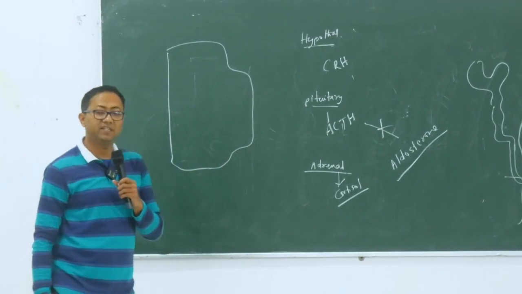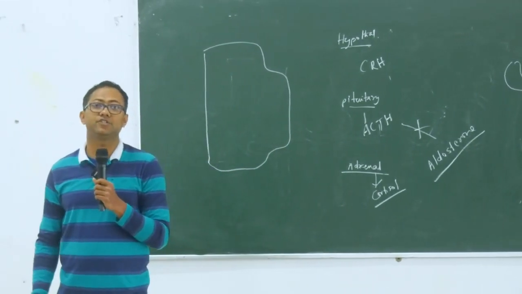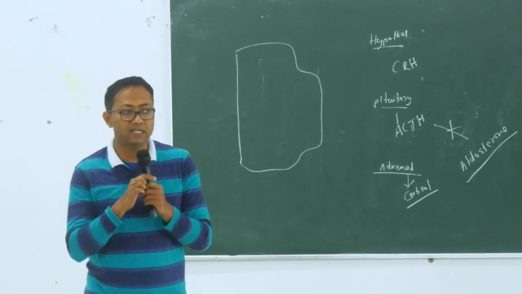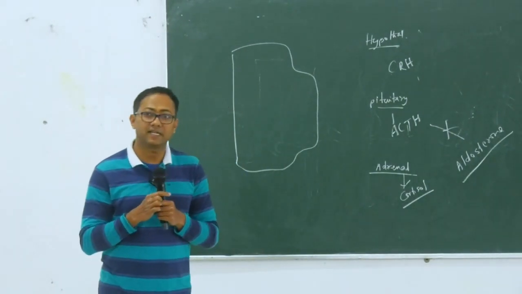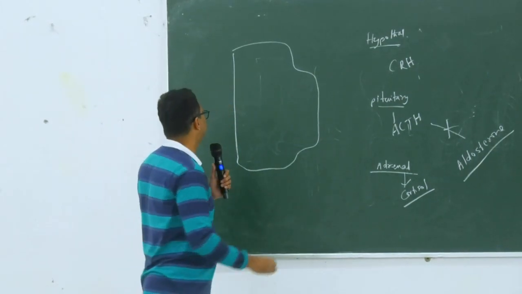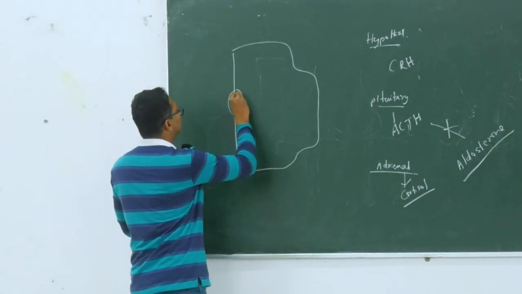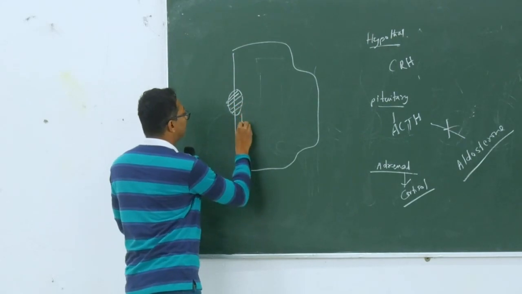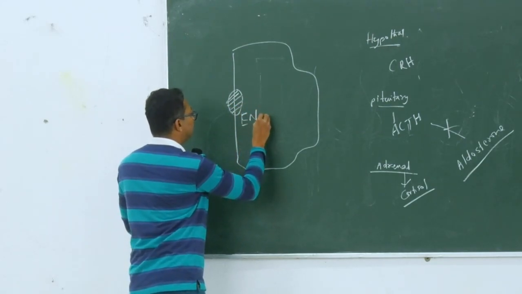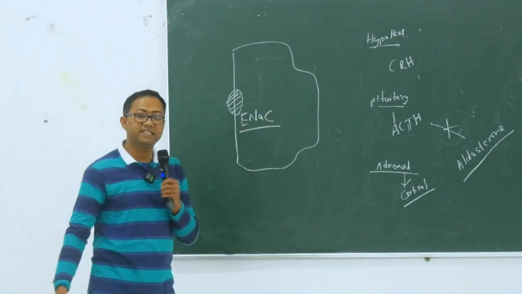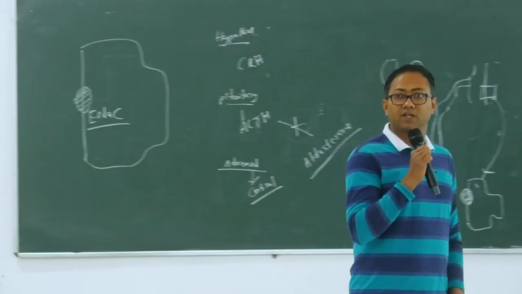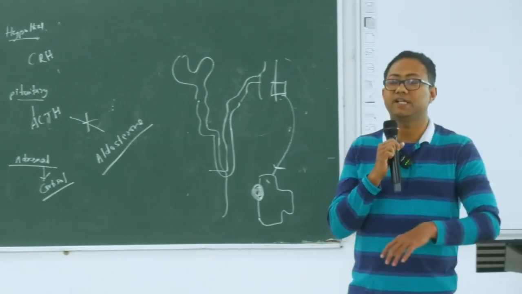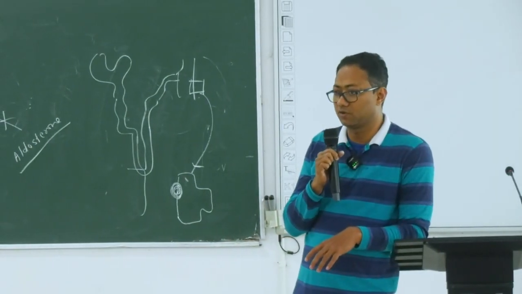So, this is the renal tubular epithelial cell in the cortical collecting duct. Here is a channel, and this channel is called ENaC. ENaC is the epithelial sodium channel, and it is under the control of aldosterone.